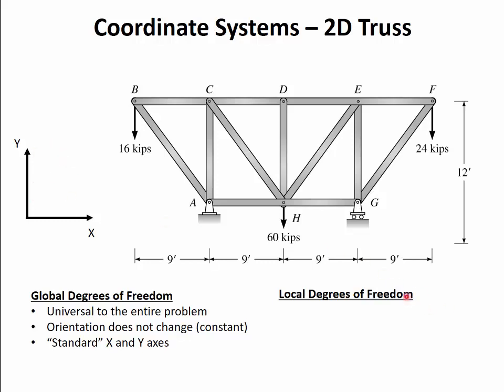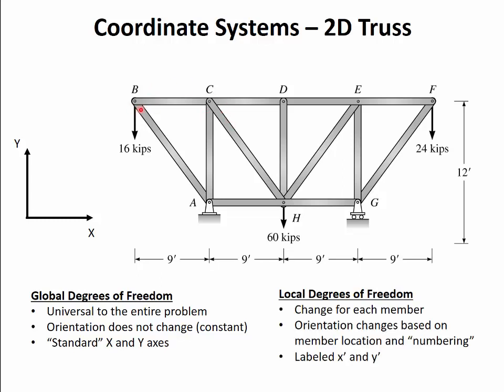Our local coordinate system, though, is dependent on the member. That is drawn based on our member. So it changes for each member. Its orientation changes based on the member location and what I would call the numbering.